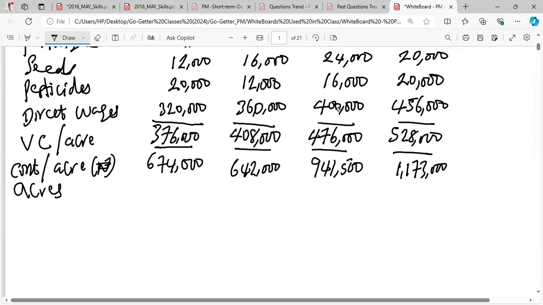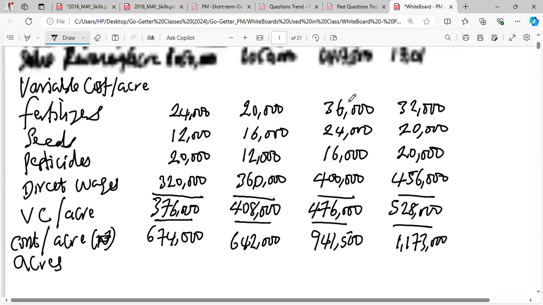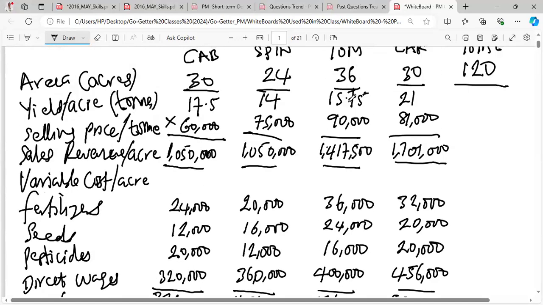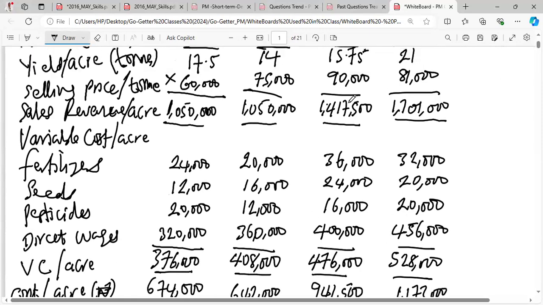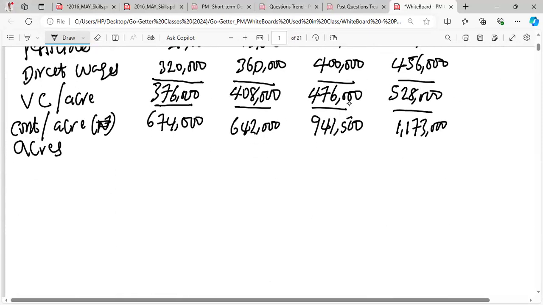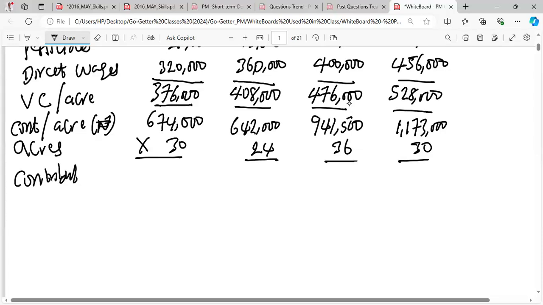So 30, 24, 36, 30. So I will be multiplying this. So this is going to be my contribution.